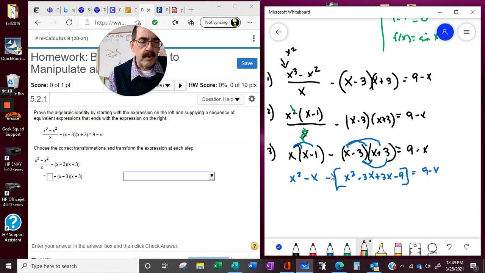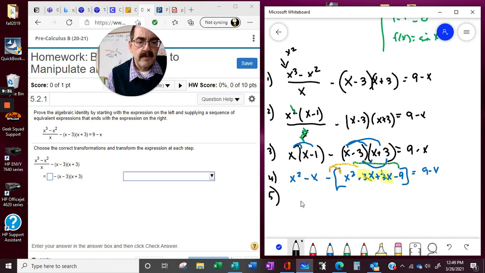Now, I don't want to make a mistake. That times that. That cancels that. So then this is going to be minus 9. Okay, so that was step 4.